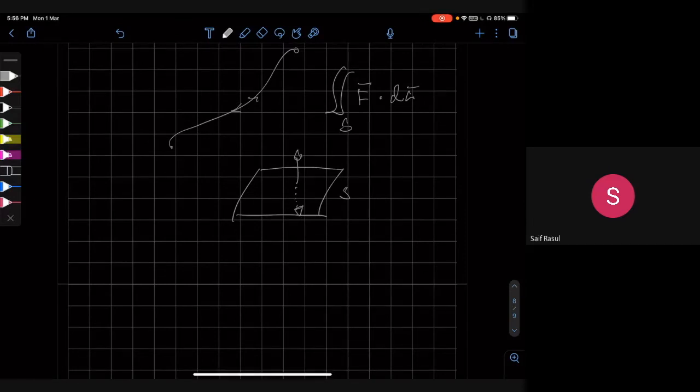Do you agree? Because that will change the value of this integration by a minus sign, because of the dot product, right?